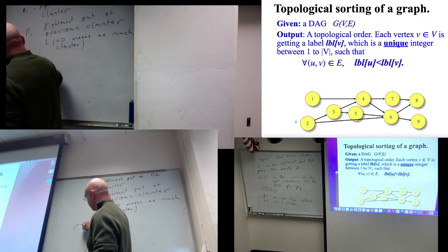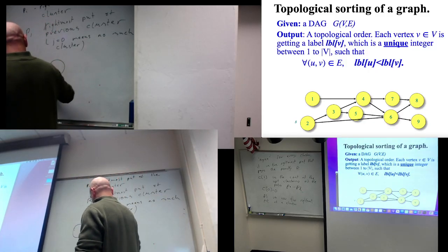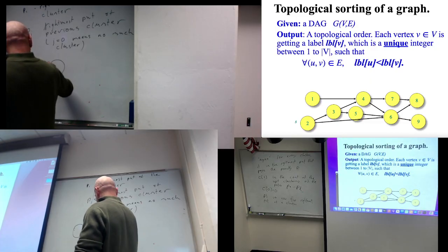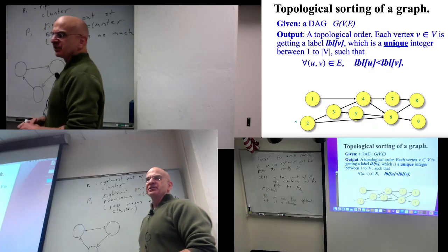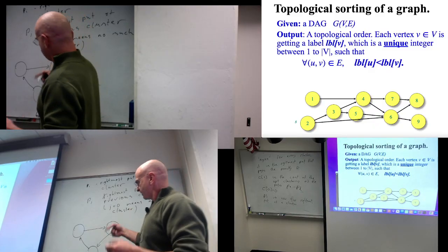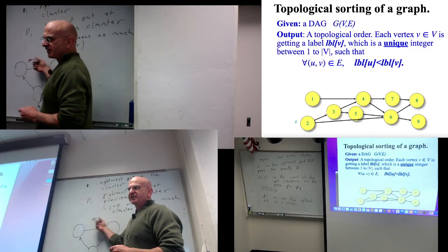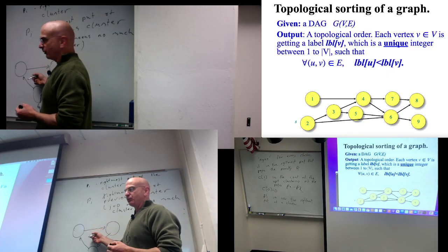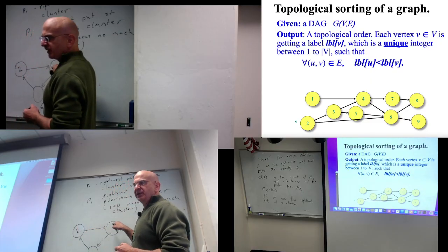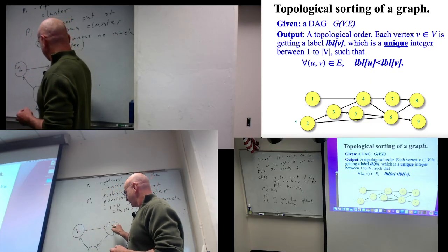Okay, let's find the topological sort of this directed graph. You all know what I'm going to draw. Let's find the topological sort of this beautiful graph. Let's give the 3 vertices labels, each one between 1 and 3. Let's try 2. An edge goes from here to here. The label of this guy must be larger, 3.